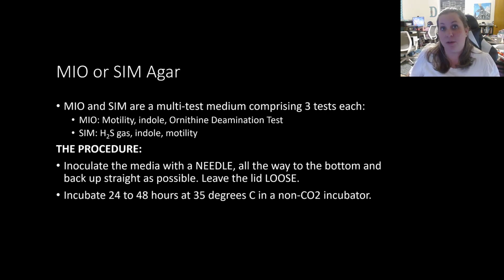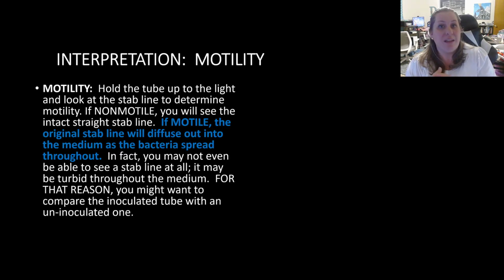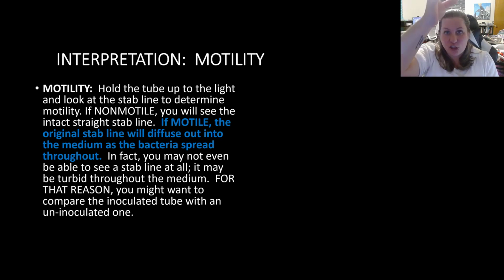So let's look at some interpretation. Motility is the first thing you're going to be looking for. Does the bacteria have the ability to move out and be motile in the actual agar? So you're going to hold the tube up to the light and look at your stab line to determine if there's movement away from that stab line. If it's non-motile, you will see the intact straight line down and back up that you saw.